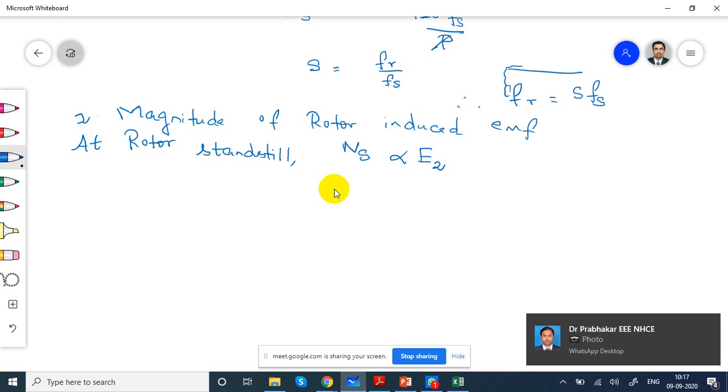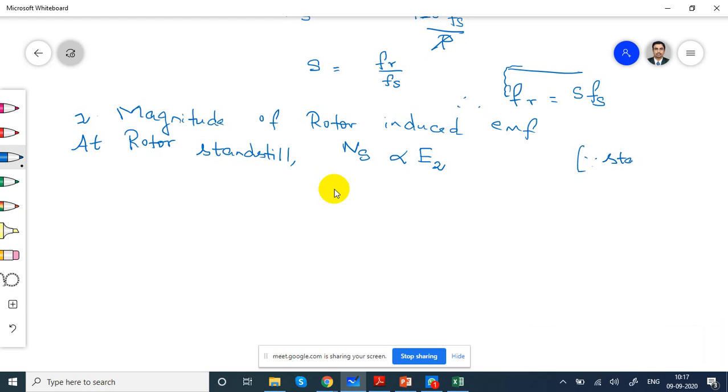Note down, stator means we have to express EMF E1, resistance R1, reactance X1. In terms of rotor, we have to express E2, resistance R2, reactance X2, and the speed will be Nr.